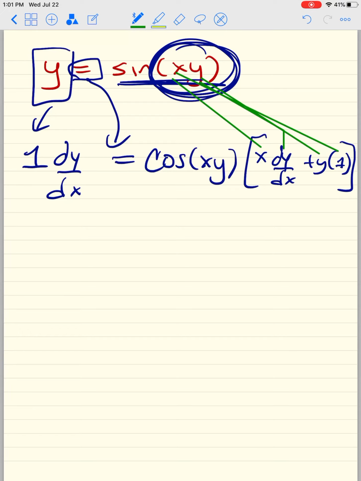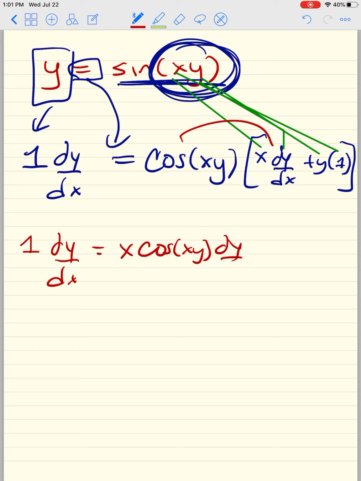Now you have to distribute. So this is going to be a tricky one. So we have 1 dy dx equals, I'm going to distribute this. So I'm going to have x cosine xy dy dx plus y cosine xy.